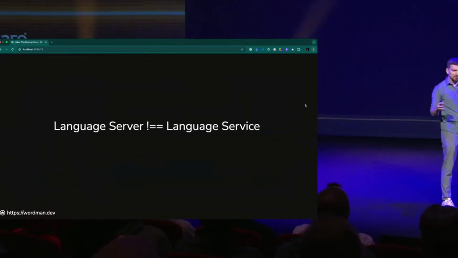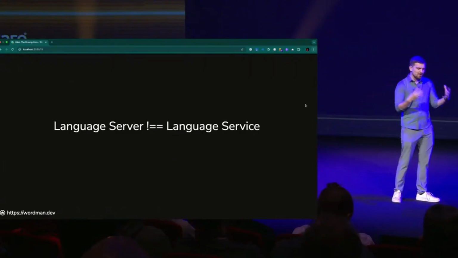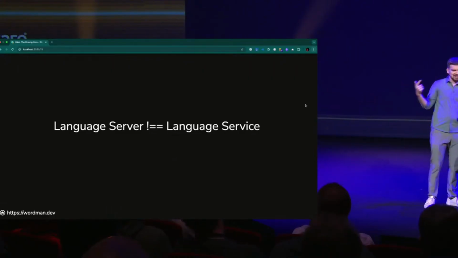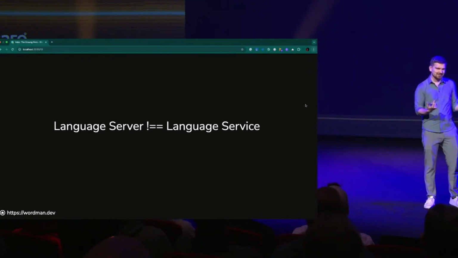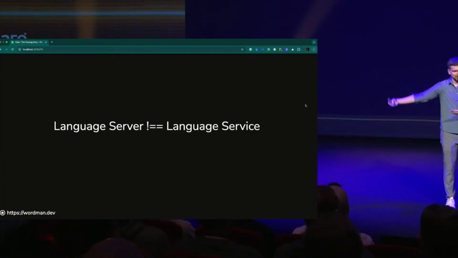And I'll probably mess this up throughout the talk, so bear with me for a minute, but the terminology is kind of confusing because language server, LSP, and language service are all different things, but everyone uses them kind of the same. So LSP is the language server protocol. A language server implements the language server protocol. Make sense? Makes sense.